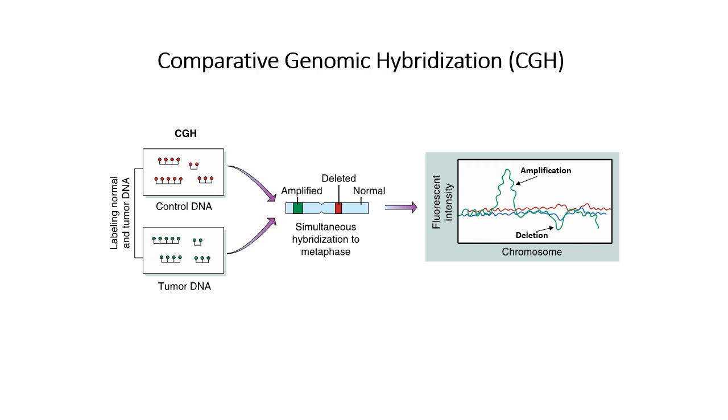Therefore, when applied to the slide, they attempt to hybridize with the arrayed single-strand probes. Next, digital imaging systems are used to capture and quantify the relative fluorescence intensities of the labeled DNA probes that have been hybridized to each target on the microarray. The fluorescence ratio of the test and reference hybridization signals is determined at different positions along the genome, and it provides information on the relative copy number of sequences in the test genome as compared to the normal genome.